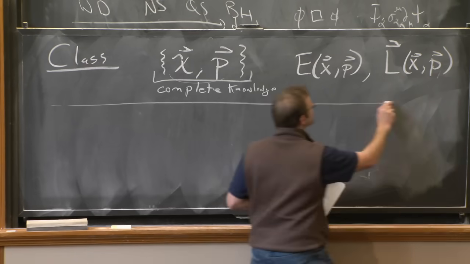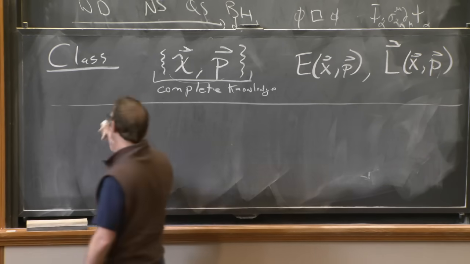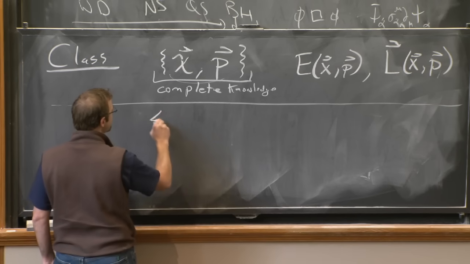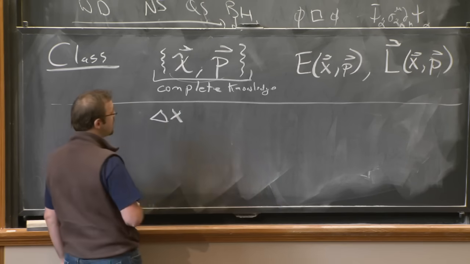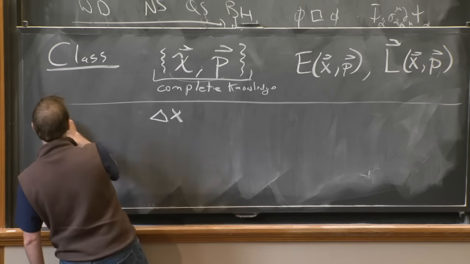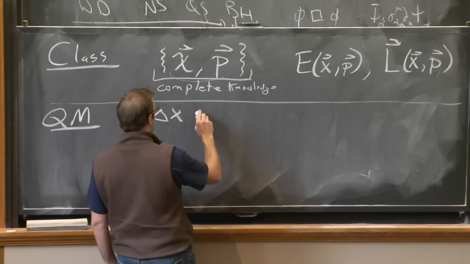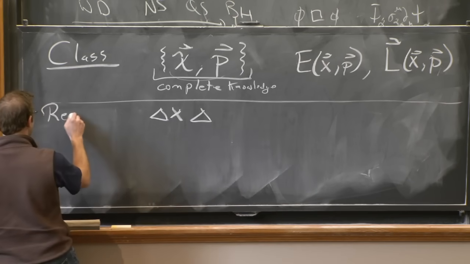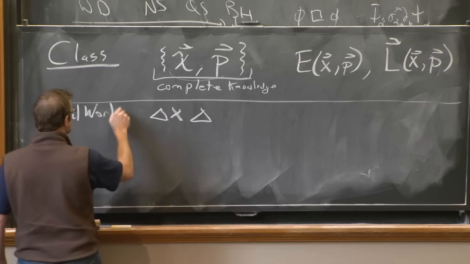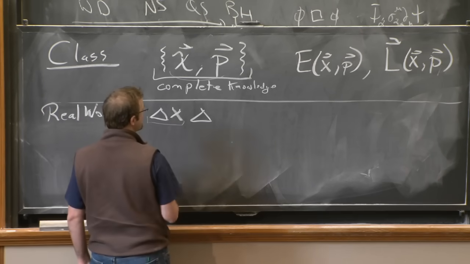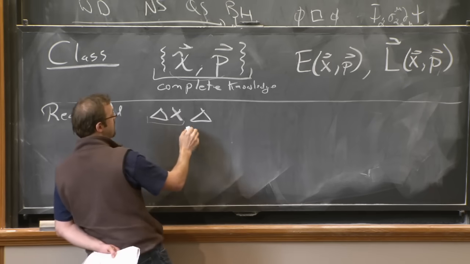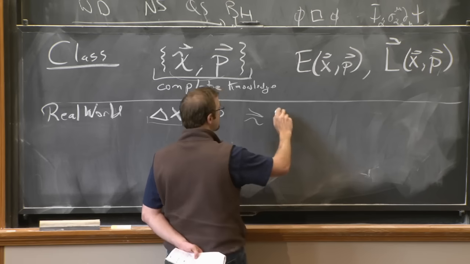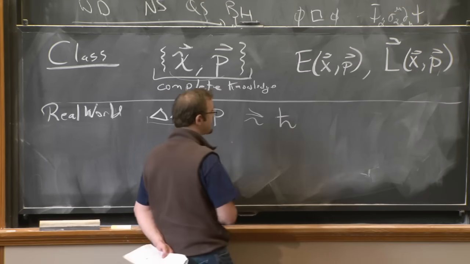But this can't possibly be true in quantum mechanics because, as you saw in the problem set and as we've discussed previously, there's an uncertainty relation which says that your knowledge, or your uncertainty rather, in the position of a particle quantum mechanically, or I'm not even going to say quantum mechanically, I'm just going to say the real world. Okay? So in the real world, our uncertainty in the position of our point-like object and our uncertainty in the momentum is always greater than or roughly equal to something that's proportional to Planck's constant.